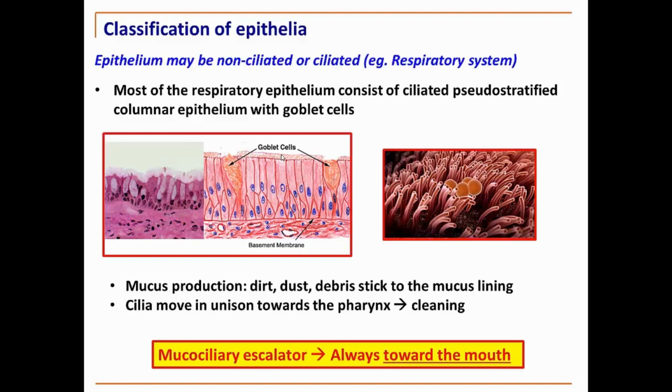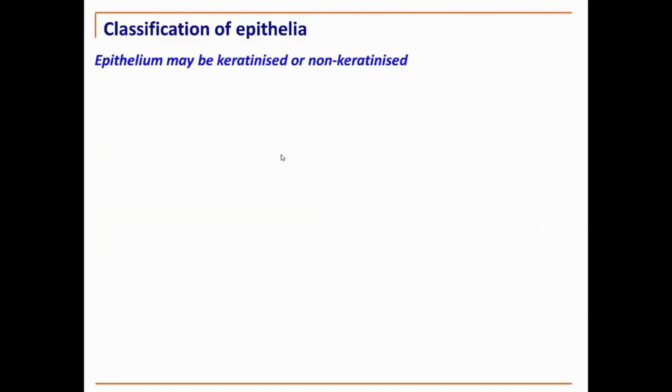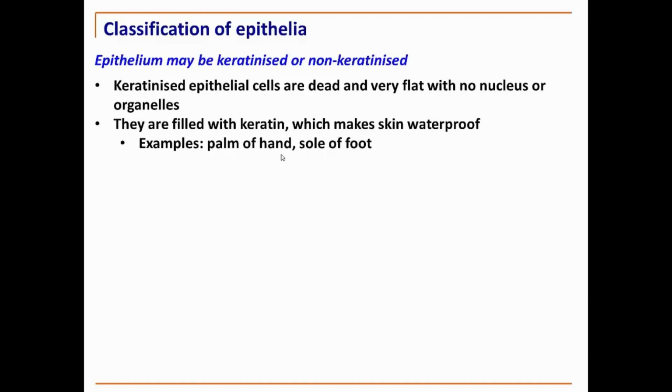There are other examples of ciliated simple columnar. For example, they're found in your fallopian tubes, where the ciliary action helps facilitate the transport of the egg from the ovary towards the uterus. We're still going through these different characterizations of epithelia. It may be what's called keratinized or non-keratinized.